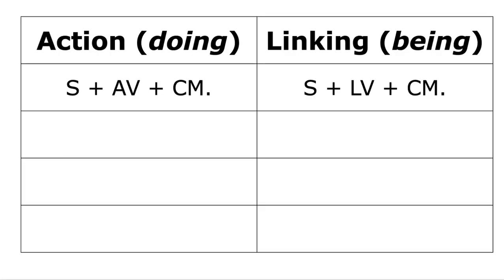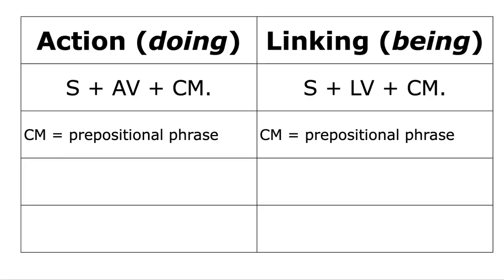Let's look at action verbs and linking verbs because they have something in common. In both cases, the complete meaning can be a prepositional phrase. For example, the chef works in the kitchen. In the kitchen is a prepositional phrase.